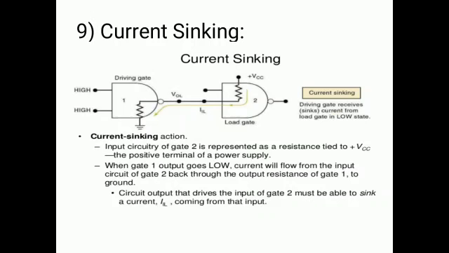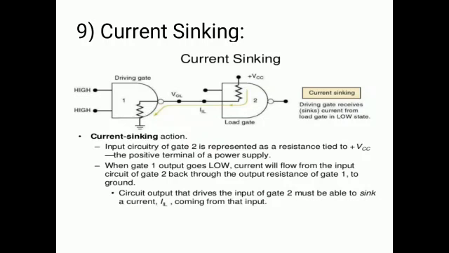Next is current sinking. So here also two NAND gates are shown, but now the input has been changed. So when the input of the driving gate is high, its output will be low. So when the output of the driving gate is low, the load gate will provide the current. So the current will flow to the output resistance of the driving gate.